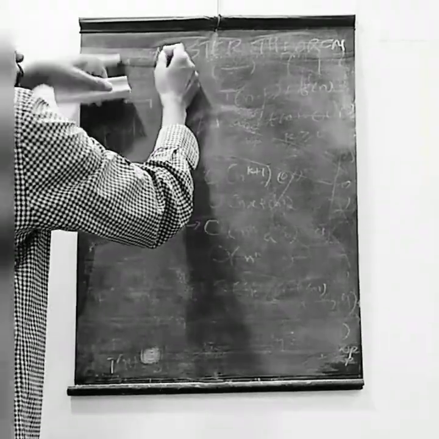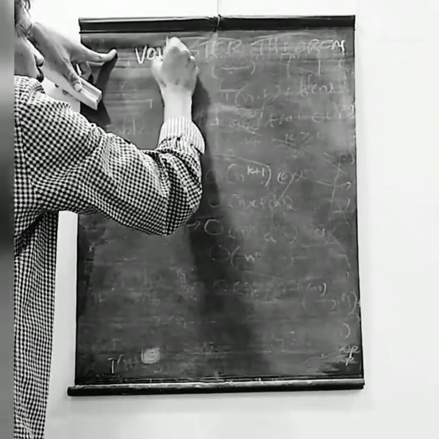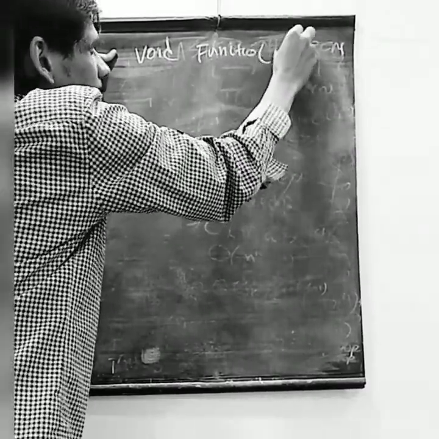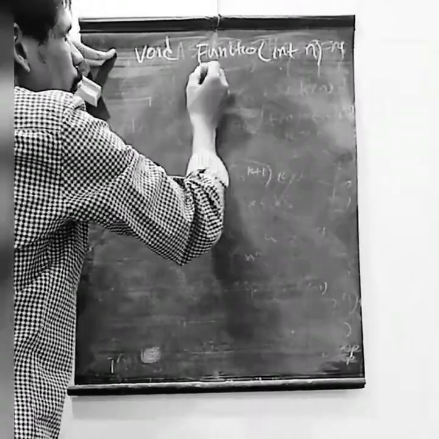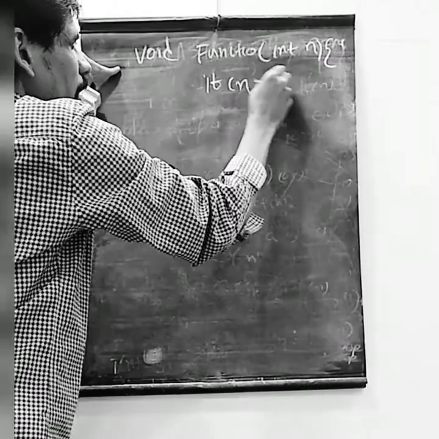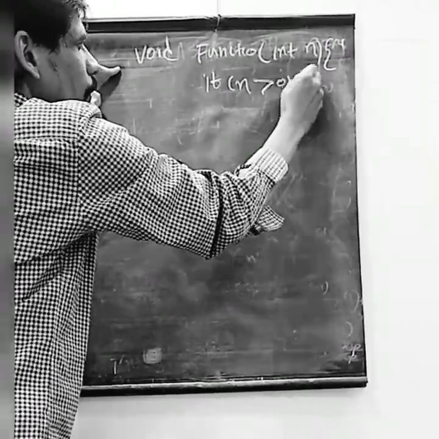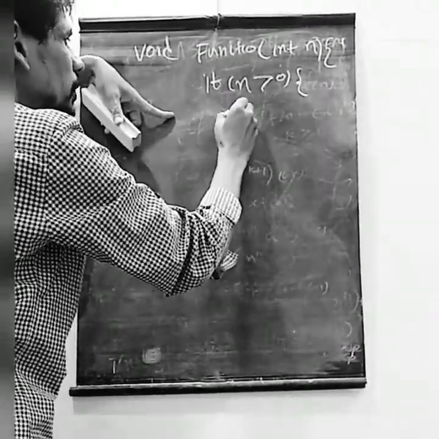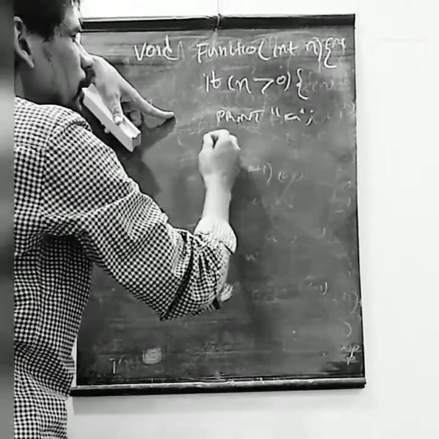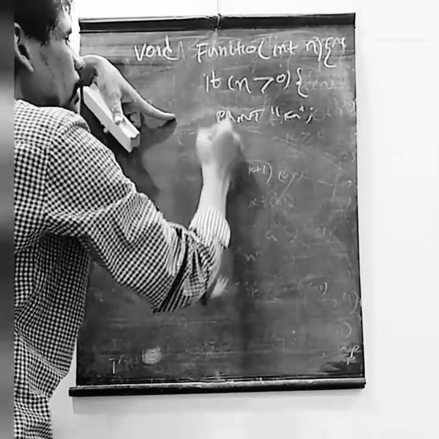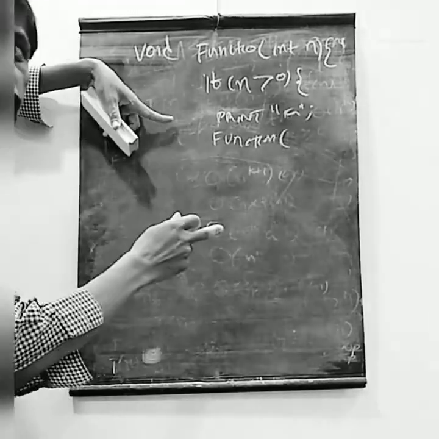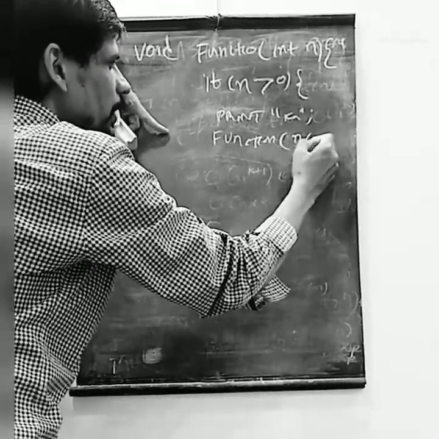So let me write down the same method, void function, int n, everything is the same. If n is greater than 0, print something, then I will call myself, the function, and instead of n minus 1, what we will do is n by 2.